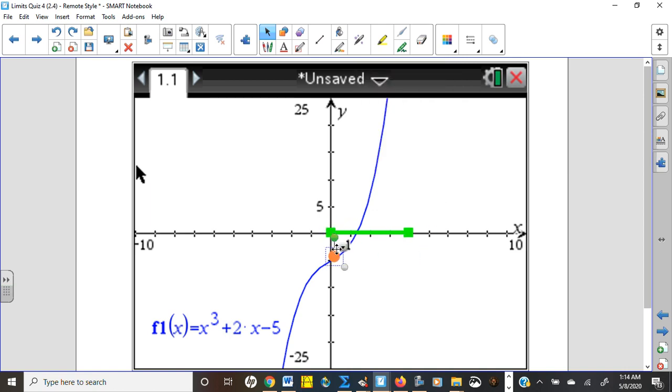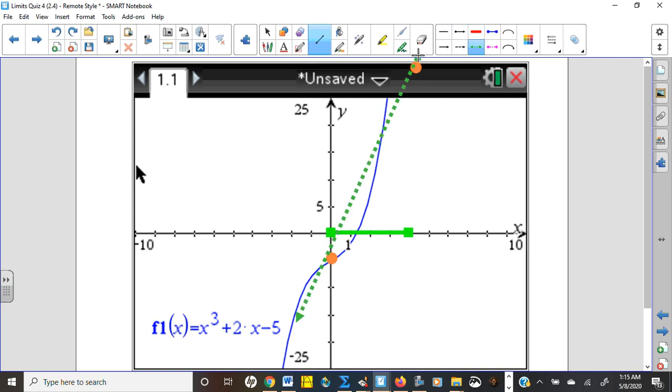So at 0, I think we had negative 5. And I think over at 4, I was way up here. Okay, so I guess I would have needed to go up further to really make this a better graph for you. But then we found the average rate of change between those values, which would have been something like that.